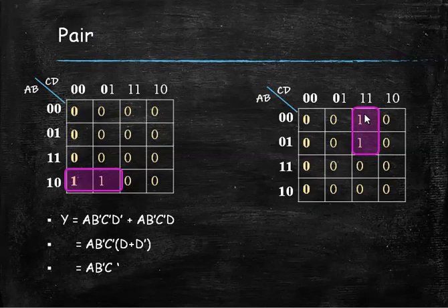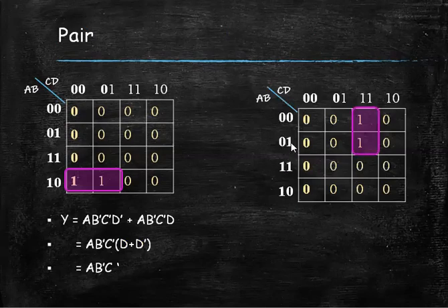Can you predict the last result? Look at here. When we are moving vertically, the 1 1 is not changing, that is CD not changing. And look at AB.